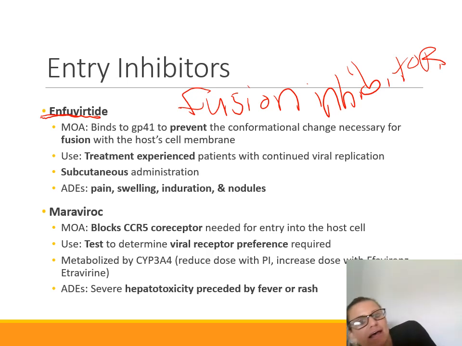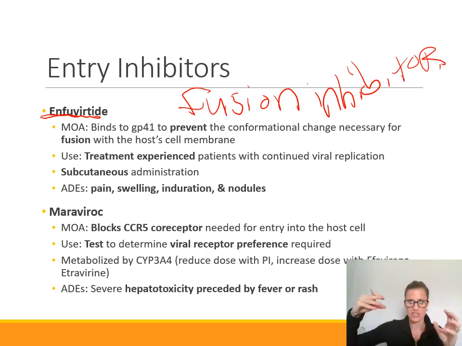And it does this via a conformational change in its transmembrane glycoprotein, GP41. Okay, so GP41, that transmembrane glycoprotein, has to change shape in order for the fusion to occur, for the HIV to fuse with the plasma membrane of the cell.